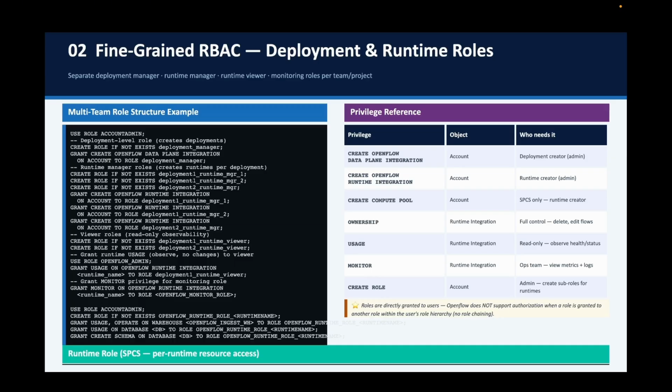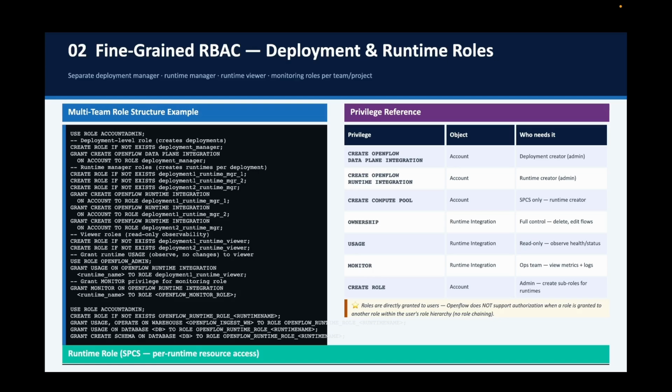And if there is a team which can do read-write operations on Openflow, it is good to have a separate role created and provide required grants for that particular role. So it is important to understand in a multi-team role structure, create separate roles and provide required grants.